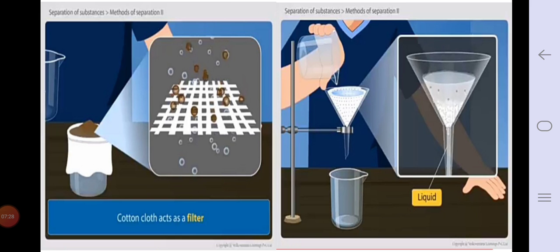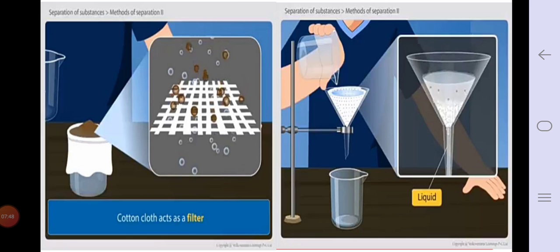And in another picture, instead of cotton cloth you can use a filter paper also. Filter paper also has very fine pores, so they do not allow bigger particles to go through it. So this is also another method you can see.